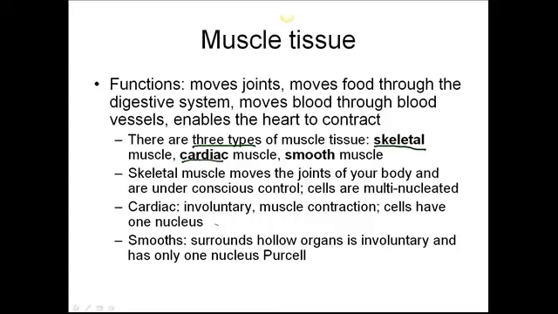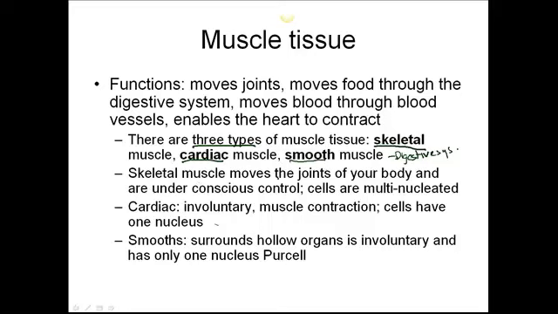Then there's cardiac muscle. This is the muscle that contracts your heart. It's only found in the heart. And then smooth muscle. This is like your digestive system, and that's responsible for peristalsis, or the movement that moves food from your mouth to your anus.